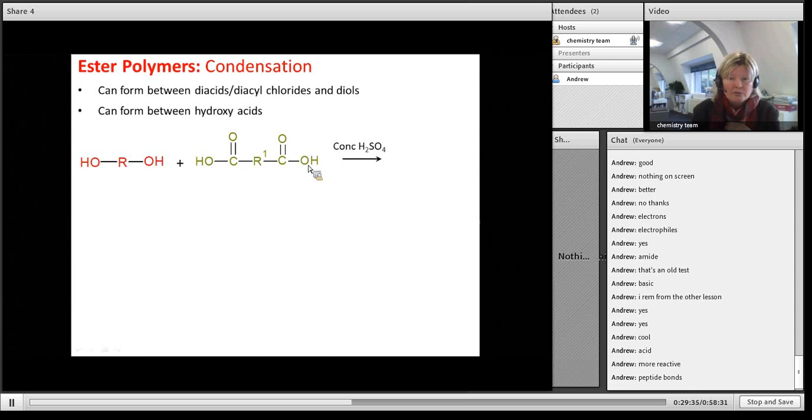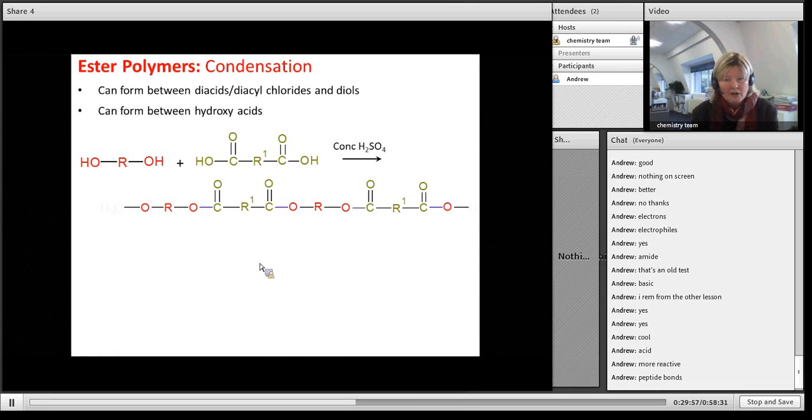And if I treat it with conc sulfuric acid, because remember that's my dehydrating agent, I'm going to be removing the H from the OH, and I'll be removing the OH from the carboxyl group. So can you see I've got two monomers being added together, the red one from the diol and the olivey green one from the carboxylic acid.